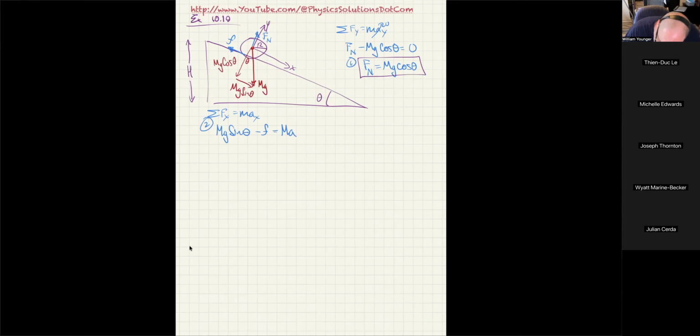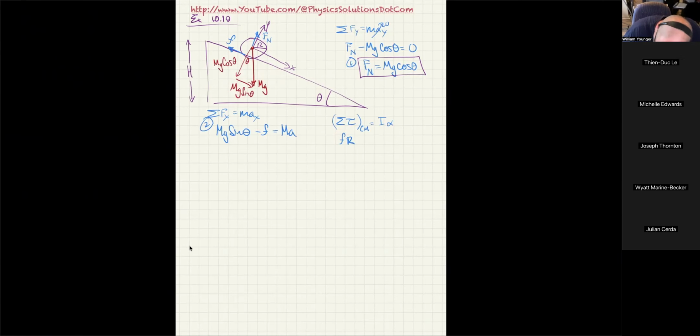And now I've got to do the summation of the torques. Now, this is an accelerating reference frame because I'm taking the reference frame riding with the ball, so I have to use everything about the center of mass. So the summation of the torques about the center of mass is equal to I times alpha. In this case, I've got only the friction force acting, and the friction force is tending to rotate it in a clockwise direction, which I'm going to call the positive direction. So I've got the friction force times R, because it's perpendicular to it.